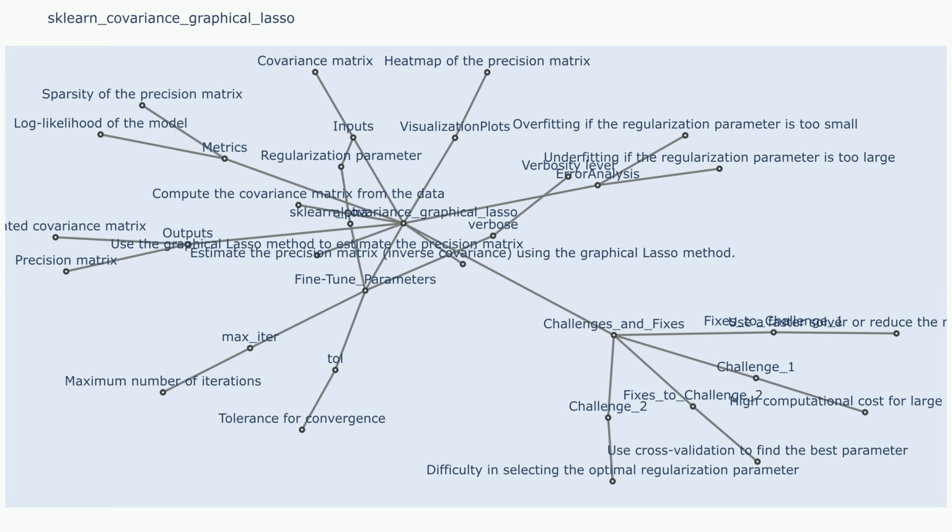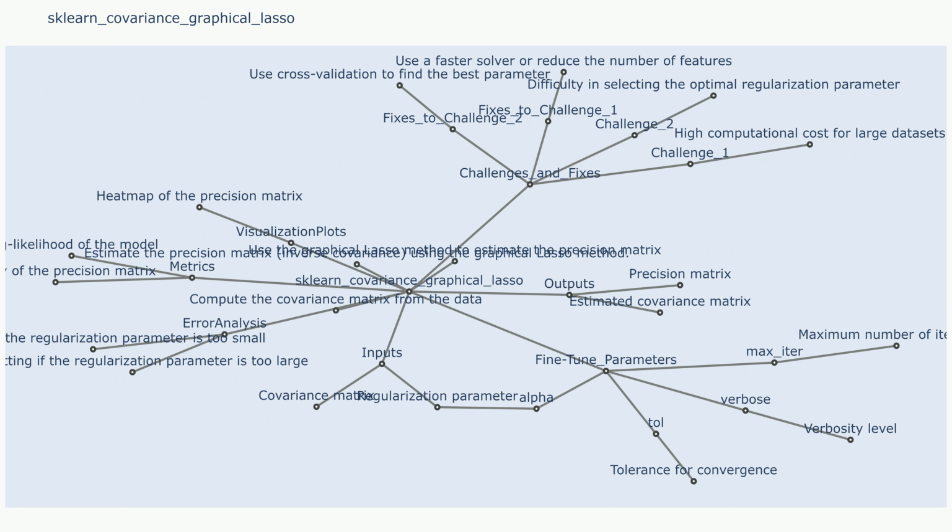Uncertainty methods. Uncertainty method 1. Explain in detail. Bootstrap. One way to assess the uncertainty in an estimated covariance matrix is to use bootstrap resampling. This involves repeatedly sampling with replacement from the original data and estimating a covariance matrix for each bootstrap sample.